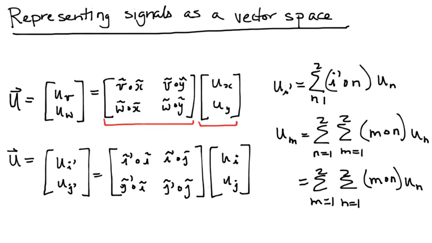Now, if we let m dot n equal a new matrix, call it a_mn. Let me erase some of this stuff on the other side, or even move some of this stuff up.